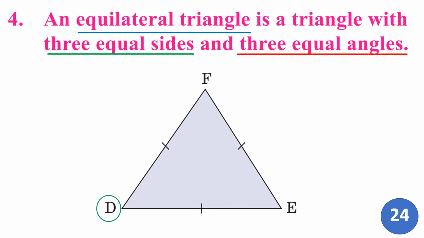You have here angle D, sides D, E and F, they are equal, and the angles inside are equal also. Correct, students? Because they are equal sides, therefore 3 equal angles also. Correct, students?